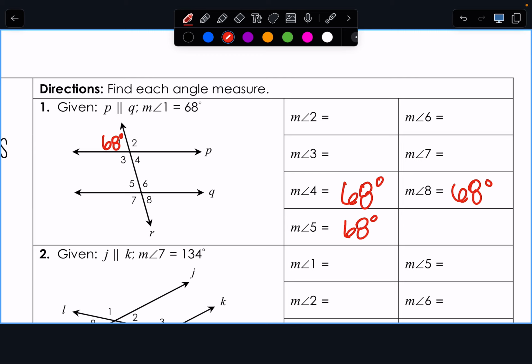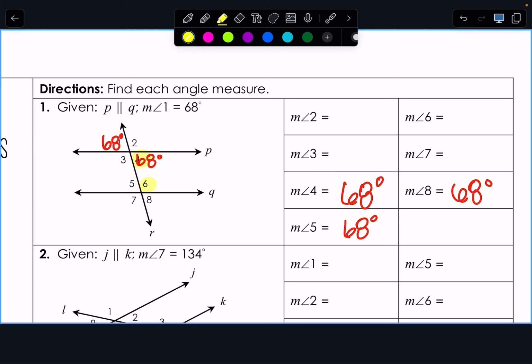Now, if angle 4 is 68 degrees, what kind of angles are angles 4 and 6? They are consecutive interior. And what did we decide was true about consecutive interior angles? What word did we write down?